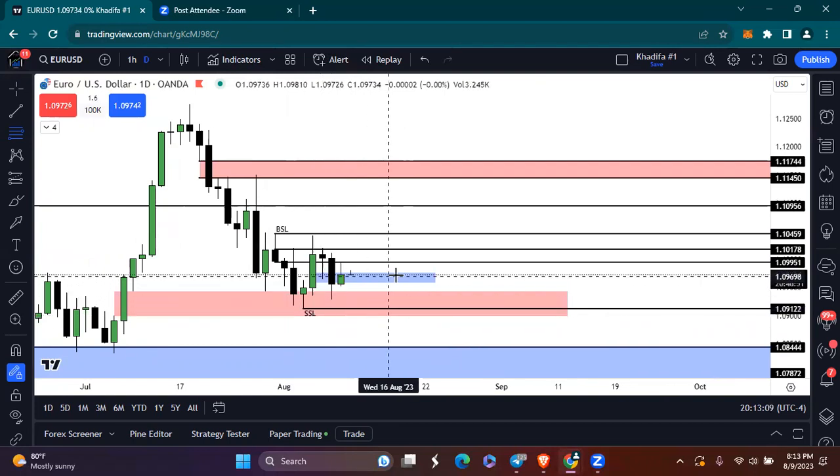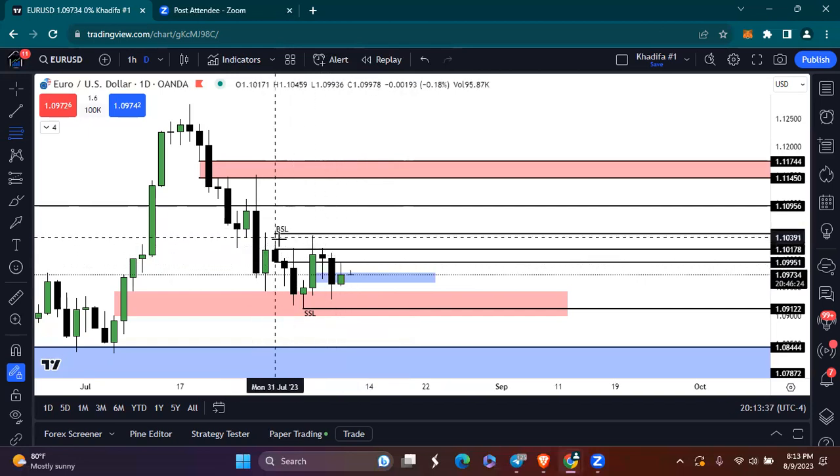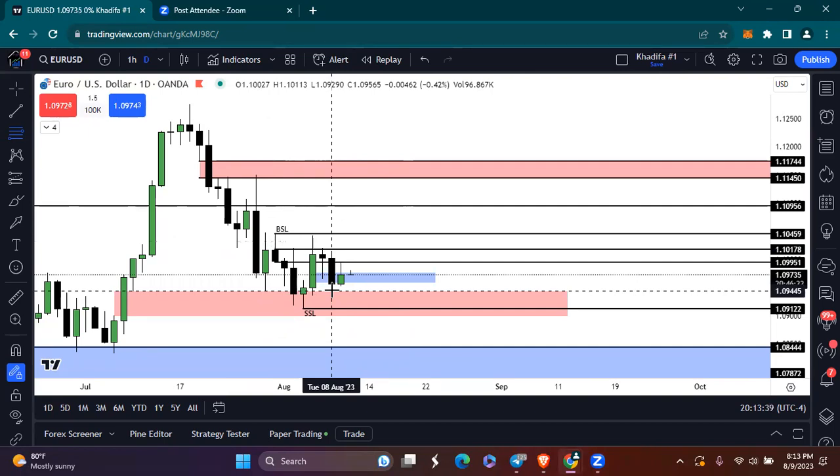However, same thing for Euro as with the dollar, with high impacting news coming out tomorrow. We could see manipulation. I mean, we're going to see manipulation, but we could see markets reverse from the direction they've been pushing in, and we could see Euro just blow through these PD array levels to the upside to run last week's buy side liquidity.